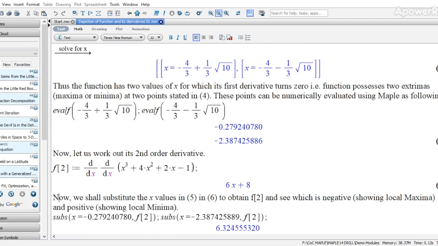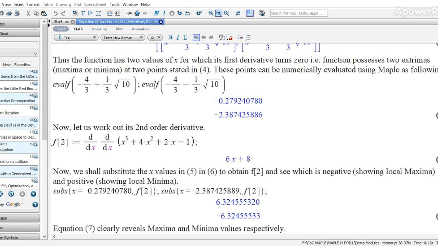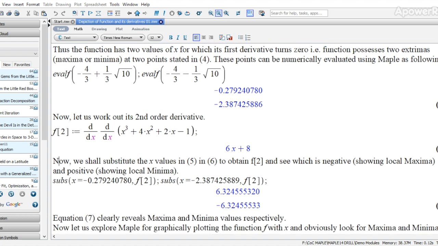Now the test goes as, we substitute the value of x which we have just found into 6x plus 8.